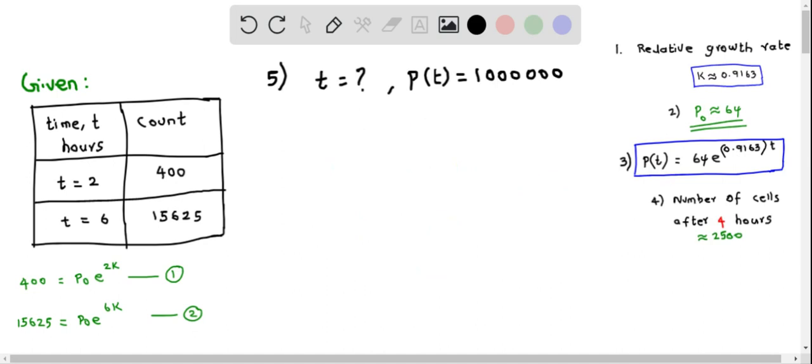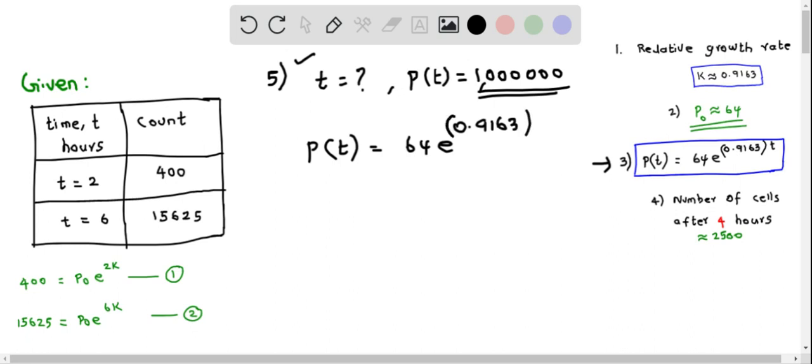In question 5, we have to determine the time it takes for the population to reach 1 million. So let's see how to determine the time. We can use this population model. Let me first copy it: P of t equals 64 times e raised to the power of 0.9163 times t.